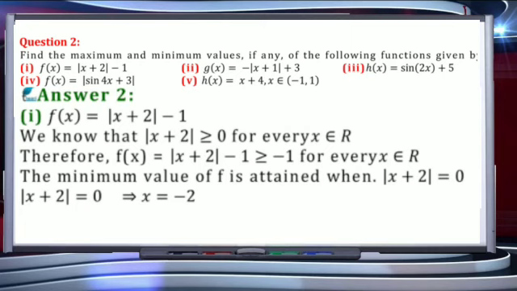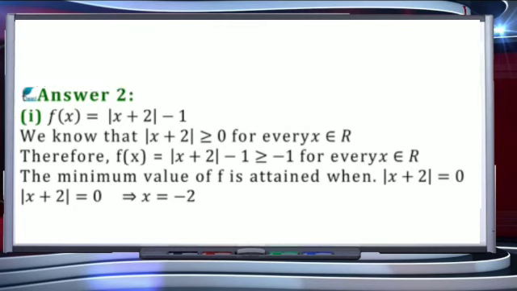Students, we know that mod always takes a non-negative value for any x belonging to the real numbers. So my function will not attain its maximum value, but its minimum value will be attained when mod of (x plus 2) is equal to 0. So its minimum value is minus 1, which is obtained at x equal to minus 2.